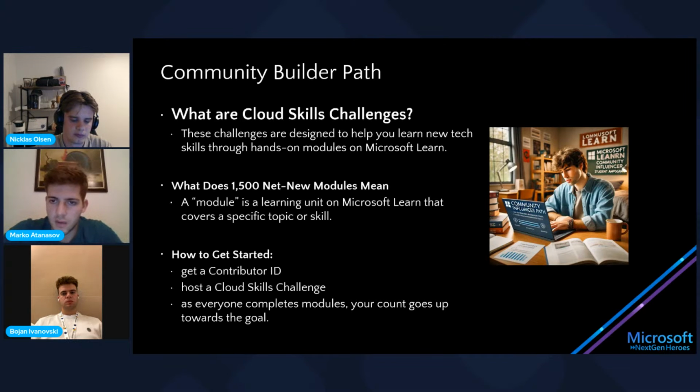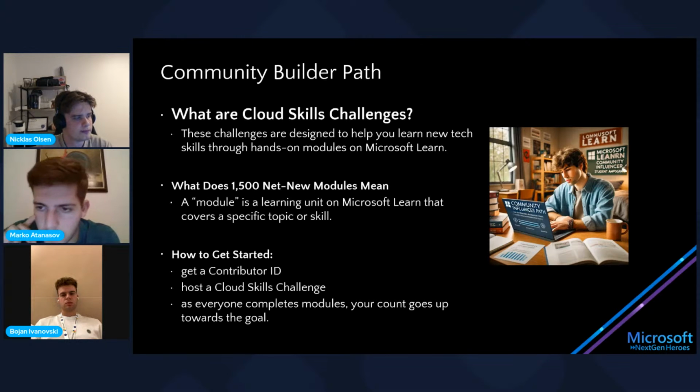My tip for you to get started is first get your contributor ID. As Nicholas explained, that is your tracking device, and it tracks your progress towards entering MLSA. And then after that, you should host cloud skills challenges.